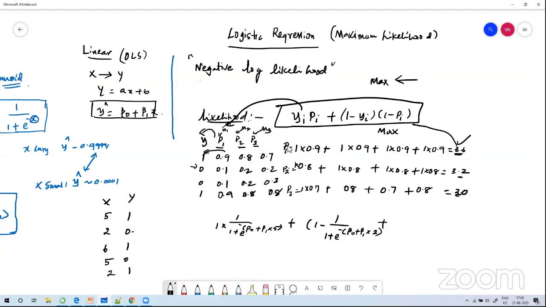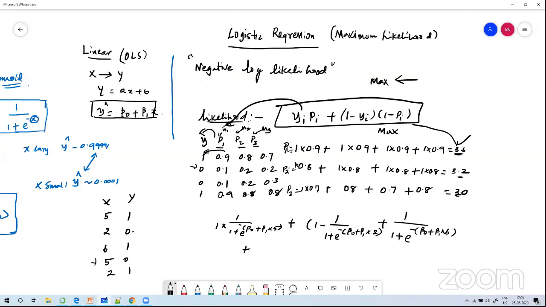For the third observation yi is 1, so it is going to be 1 by 1 plus e to the power of minus (beta naught plus beta 1 into 6).